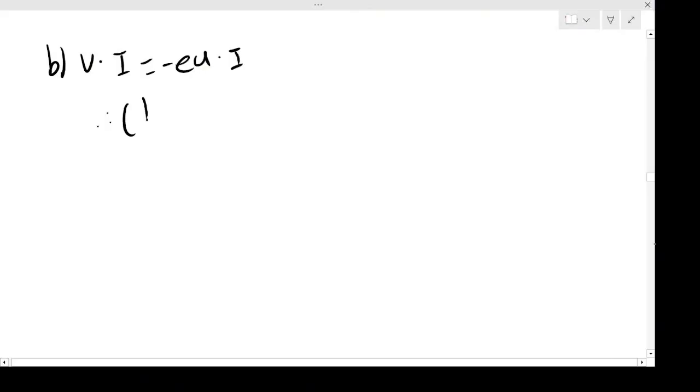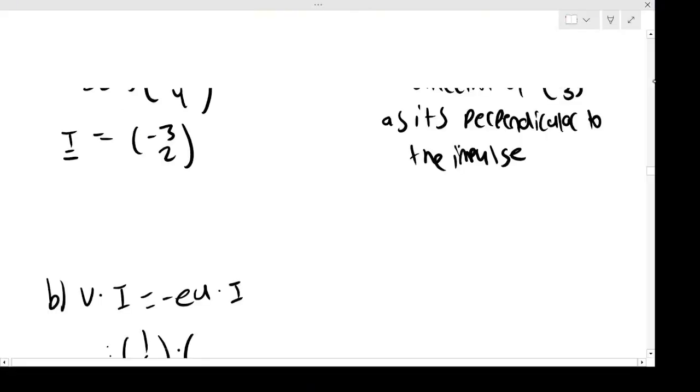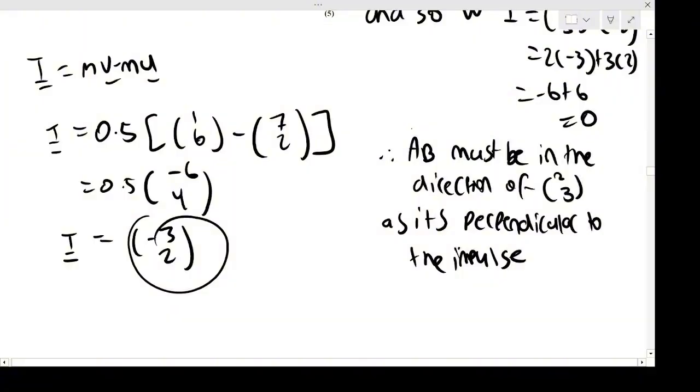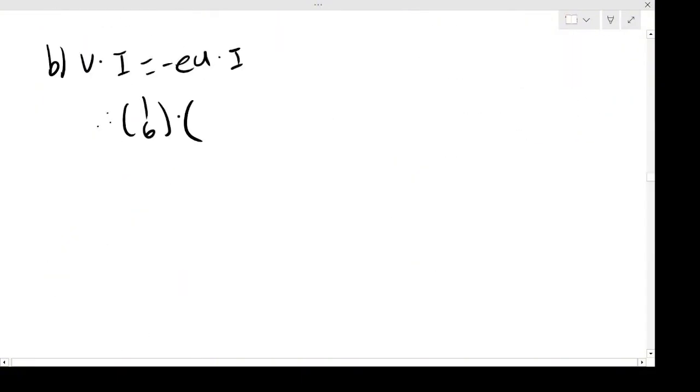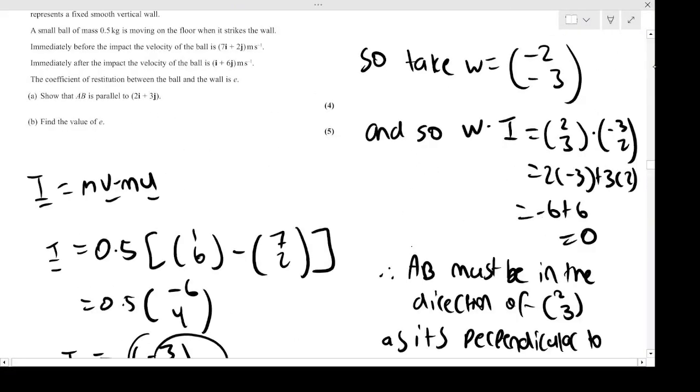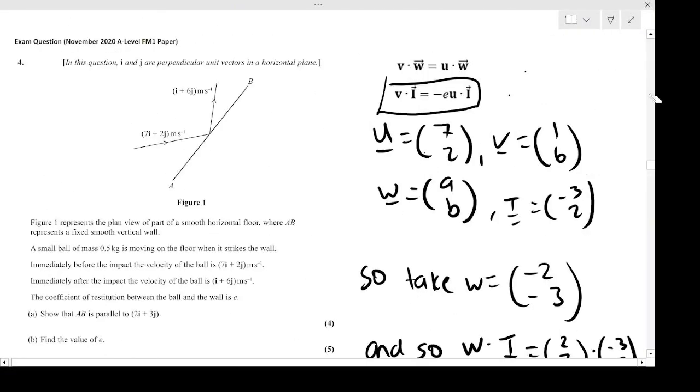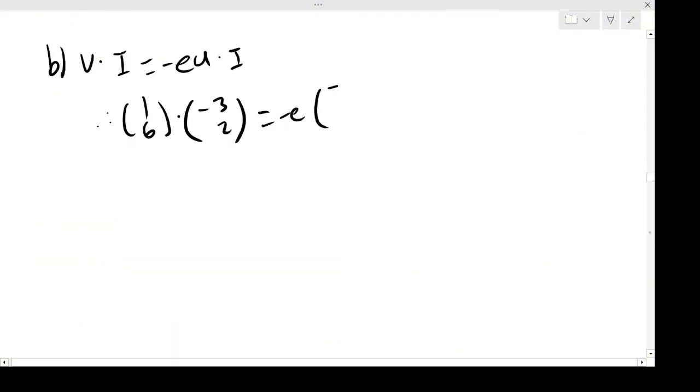So therefore (1, 6) dotted with I, which was (-3, 2), is going to be minus e lots of u. Now the vector u was (7, 2), dotted with I, which is (-3, 2).